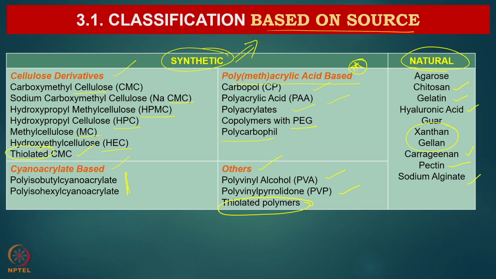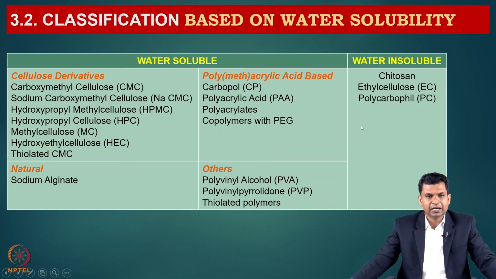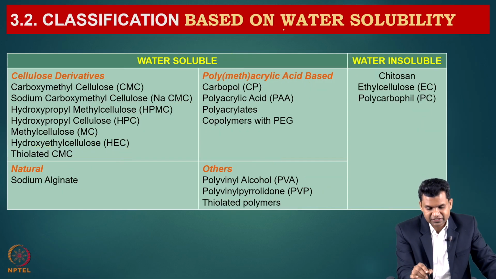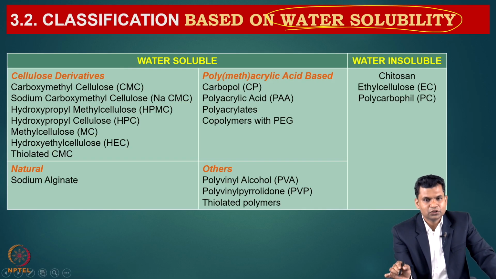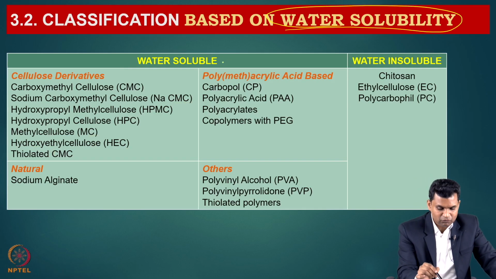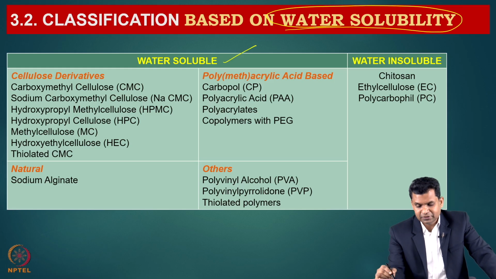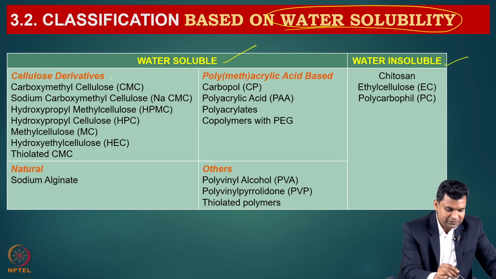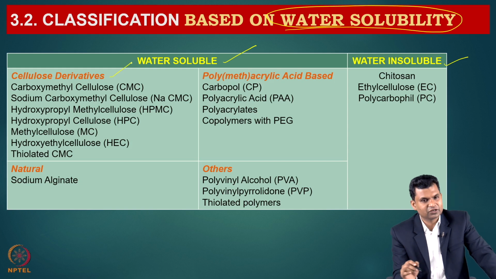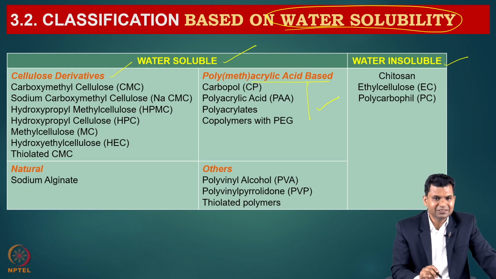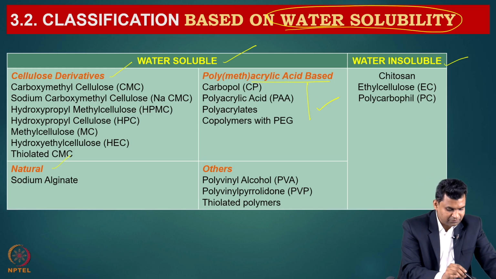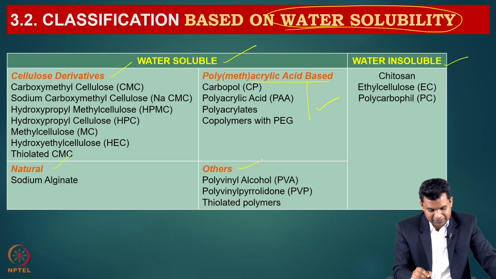So, these are based on the source, and now we will see the classification of the polymers based on water solubility. Here these are the water soluble polymers and these are the water insoluble polymers. Again the same class, cellulose derivatives, are water soluble, and the polymethacrylic acids are also water soluble, and then some natural materials and others.